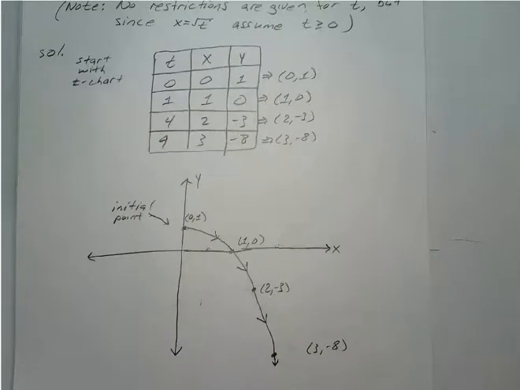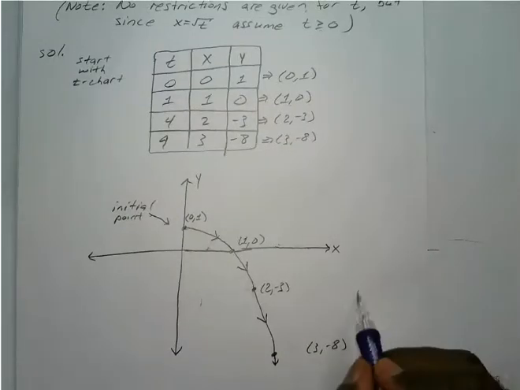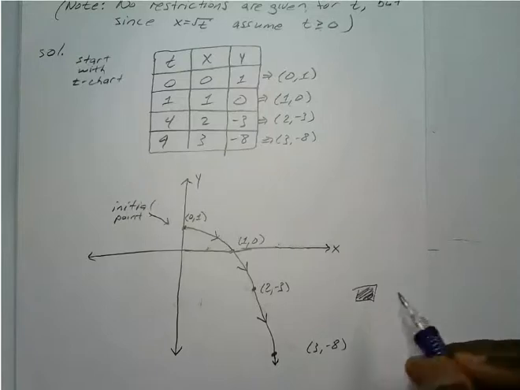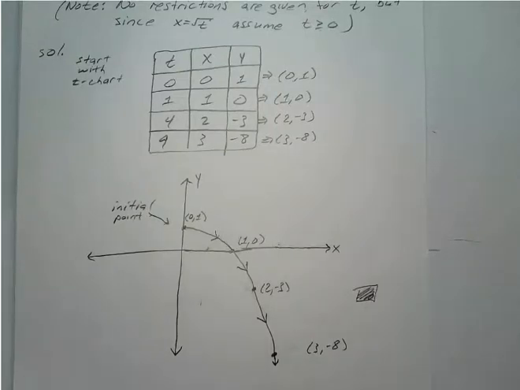Okay, so this is the sketch of the parametric curve. All right, so if you are still writing, feel free to press pause. But we're going to go ahead and go to our next example.